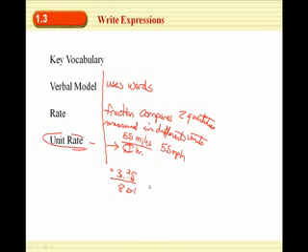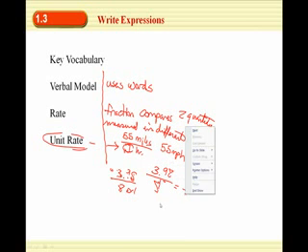Sorry, my pen's not working. But if I want to know the unit rate, I would want to know what it is for just one of them. So I would divide: how many times does 8 go into $3.98 to see how much it is for one bottle. And I don't know what that is.